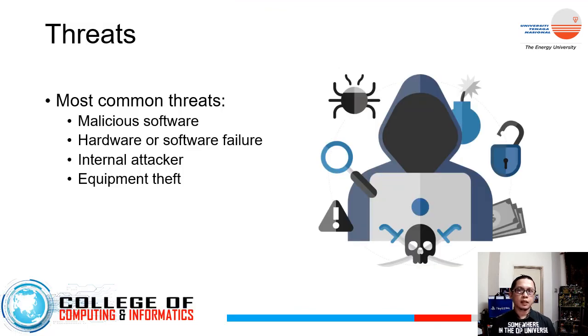Once you understand that there are vulnerabilities, you must understand that those vulnerabilities can be exploited by possible threats. This threat can come in the form of malicious software, malicious individuals, hardware or software failure, an internal attacker, which is your own people working in the organization, or equipment theft.